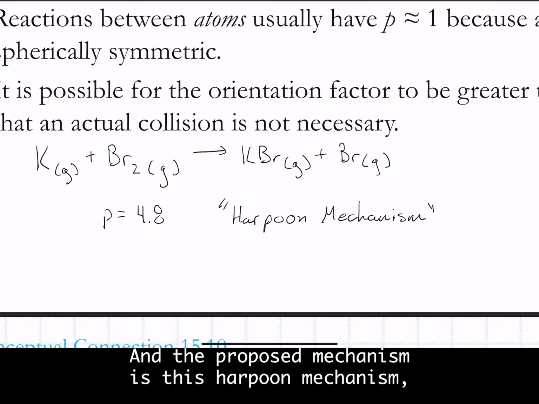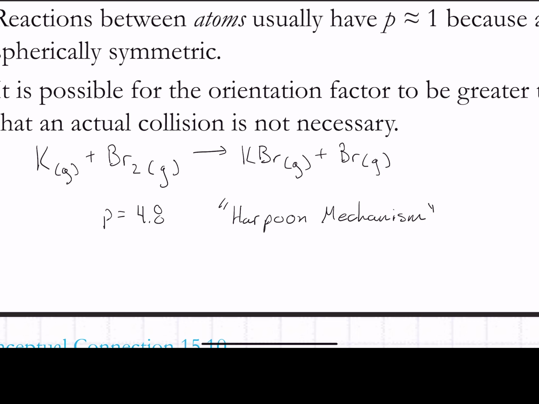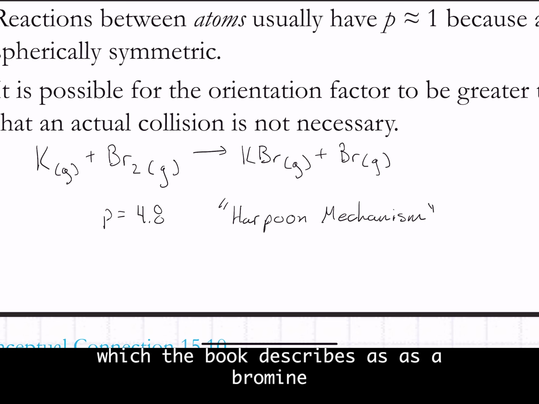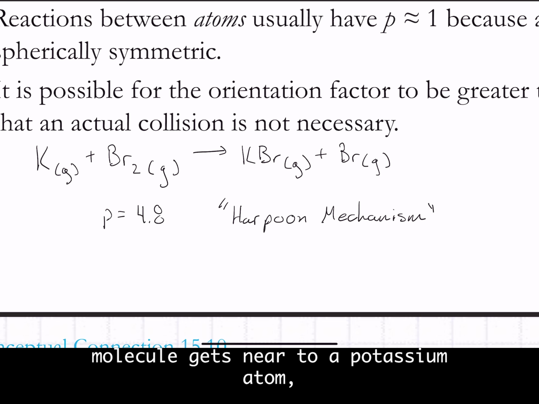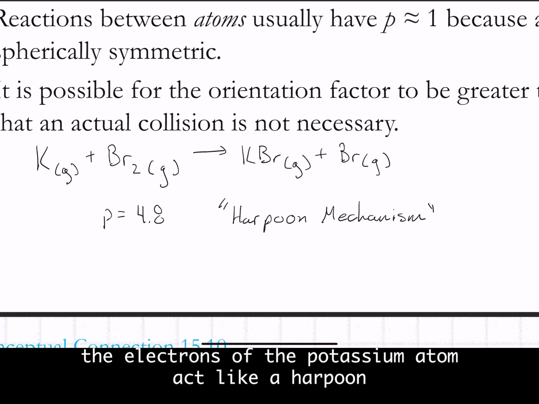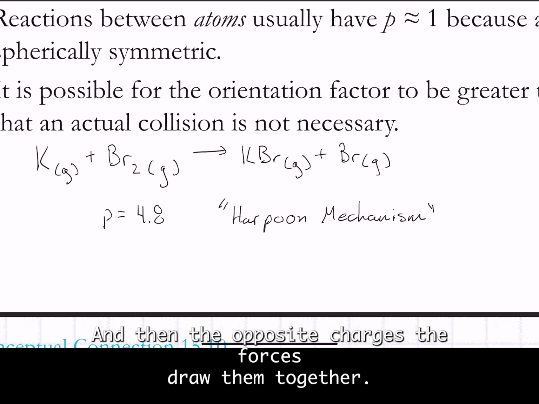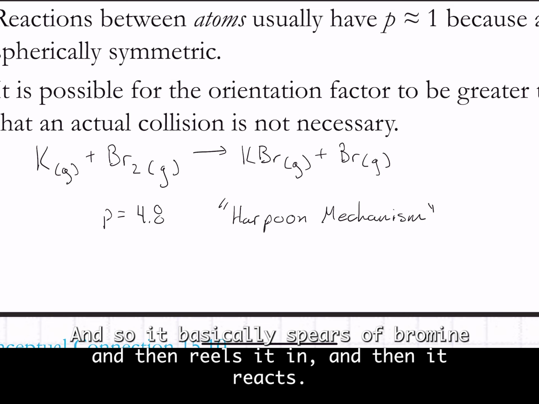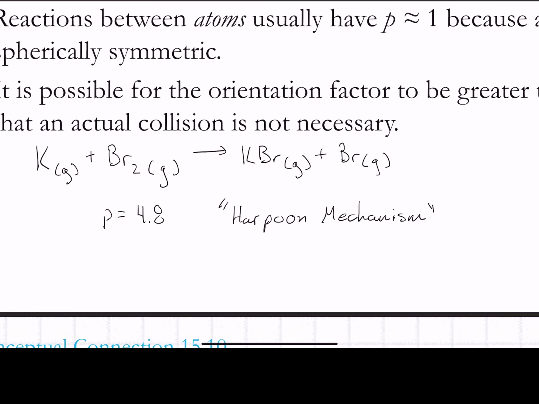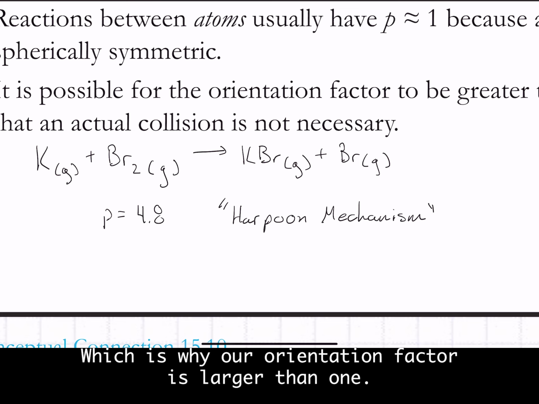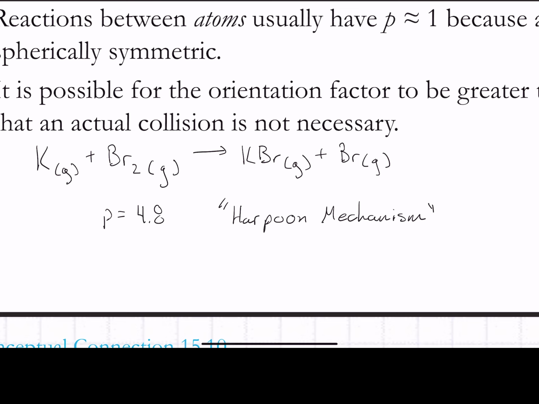The proposed mechanism is this harpoon mechanism, which the book describes as a bromine molecule getting near a potassium atom, and the electrons of the potassium atom act like a harpoon and spear one of the bromines, giving it a charge, and then the opposite charges, the Coulombic forces, draw them together. So it basically spears a bromine and then reels it in, and then it reacts. So it doesn't even have to collide, they just have to get close, which is why our orientation factor is larger than 1. Oh, that was neat.